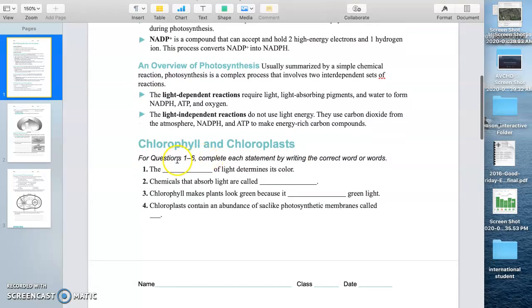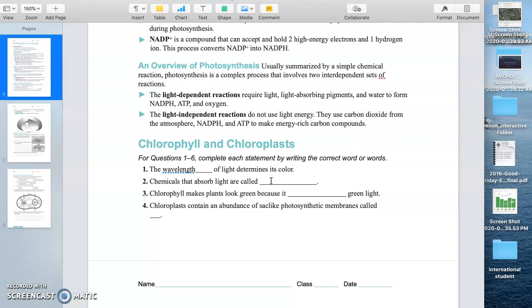So here, let's take a look at some of these questions. This first one is, and I'll do some of this for you, or with you, we have the wavelength. So the wavelength of light determines its color. And plants are going to use short wavelengths, or red, to make ATP.